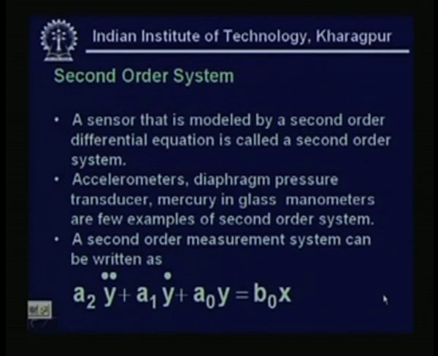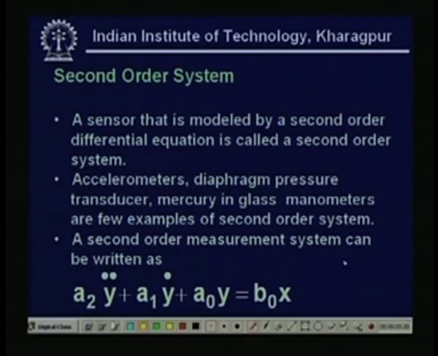If I go back to the nth order differential equations, they look like this: A n d n y by d t n plus A n minus 1 d n minus 1 y by d t n minus 1 plus so on, plus A1 dy by dt plus A naught y equal to B naught x.